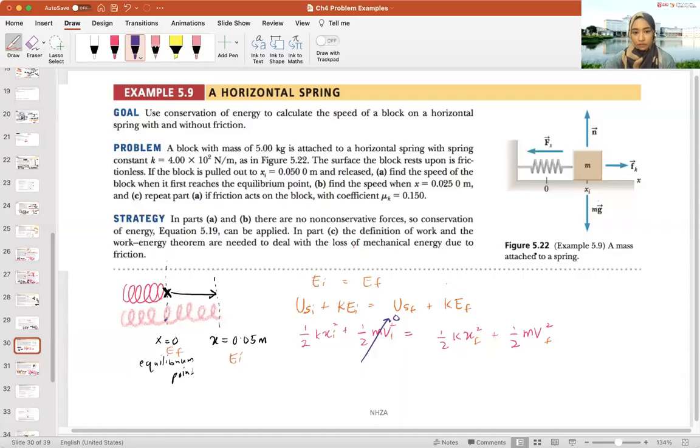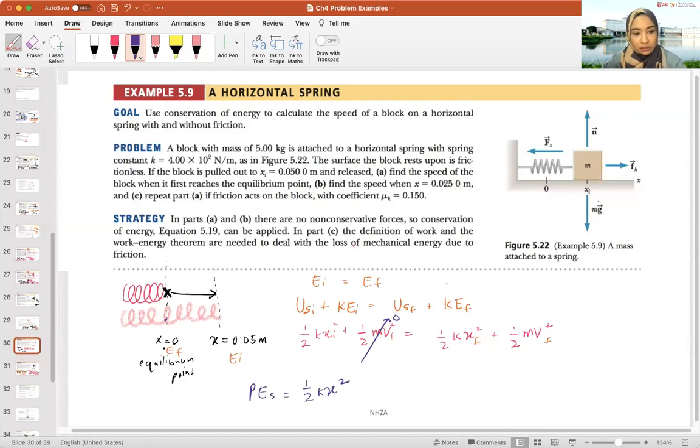Okay, so let's continue. So some of you are saying that we have spring potential energy when we reach the equilibrium point. And why is that? Kenapa orang cakap yes? Ada jawapan ke memang bantai je? Okay, so remember our spring potential energy equation is 1/2 kx squared.